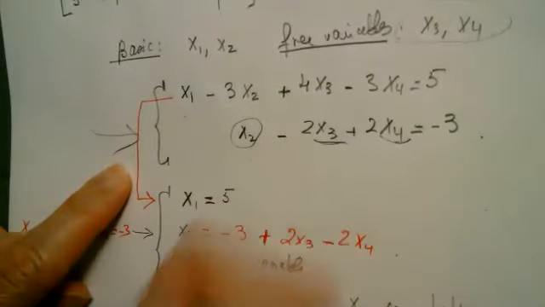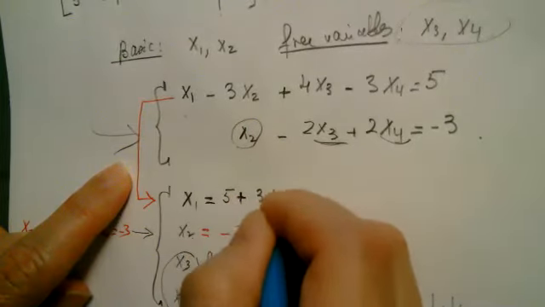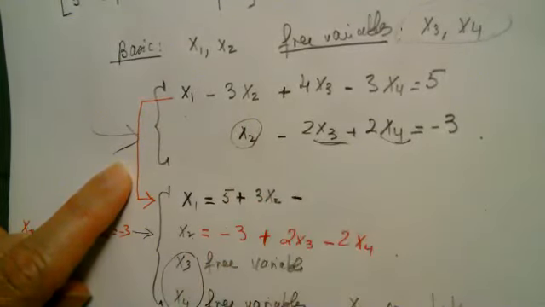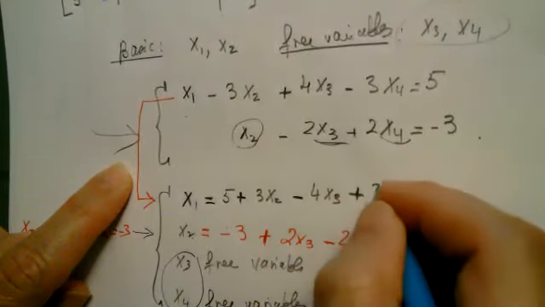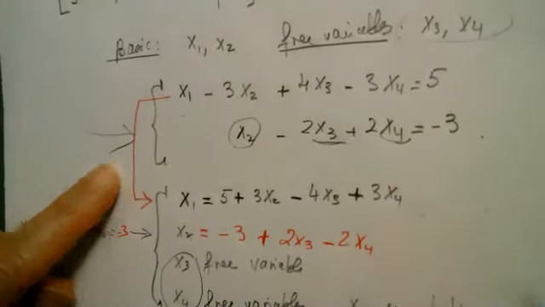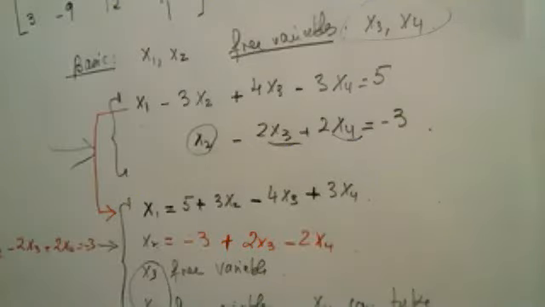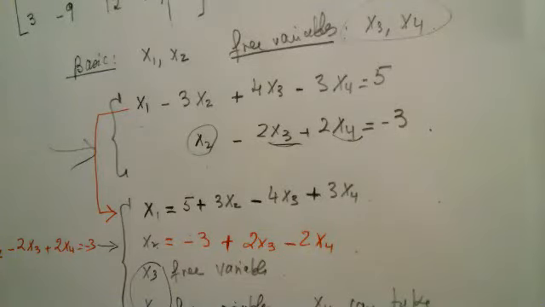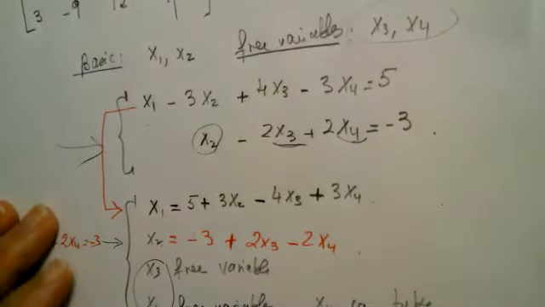It's a 5 plus the 3x2 minus 4x3 plus 3x4. And the question, do we stop at this stage? Yes or no? Anybody in the chat? Is this where we stop or do we have to go further? No, absolutely not.